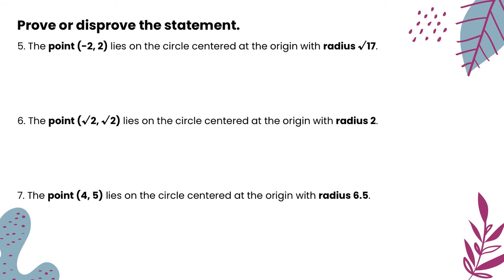So remember back when we talked about circles, we had problems that we needed to prove or disprove, and we did that using a graph. We can also prove or disprove these by using the distance formula. We can do that by seeing if the distance from this point that lies on the circle to the center, which here is 0, 0, is equal to the radius.